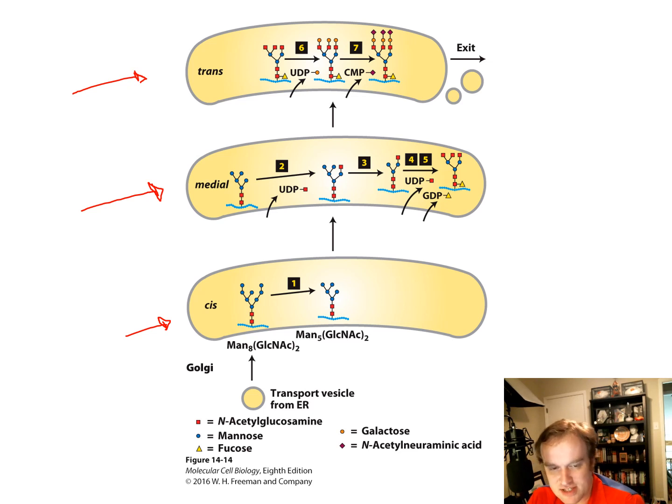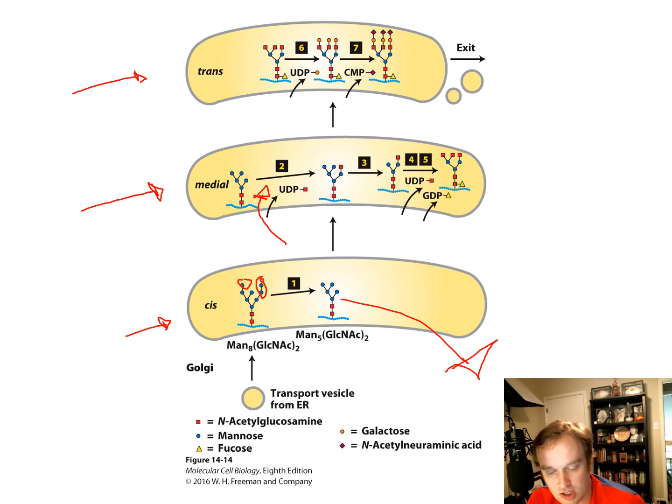And there are specific transferase enzymes that add sugars to these oligosaccharides from sugar nucleotide precursors that are taken in from the cytosol. In this process here, we start with the cis-Golgi, and we start by removing 3 mannose sugars. So this one and these 2 are removed from the oligosaccharide. At that step, the protein is moved to the medial portion of the Golgi apparatus.